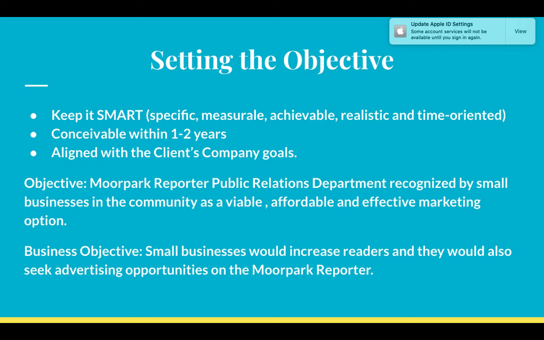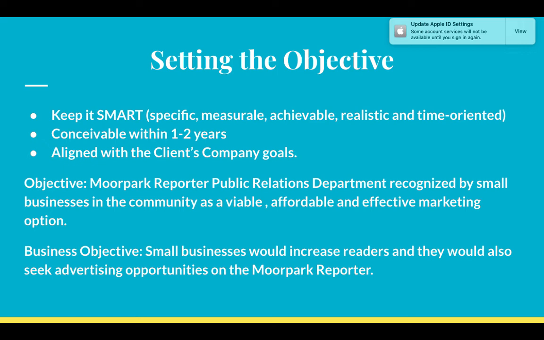So when we look at 1 to 2 years, it's not going to take a week, it's not going to take a month, it's going to take a little bit longer than that ideal time frame. You can have certain goals that'll take a shorter period of time, but the actual objective should be a year-long strategy of assessments that you can measure and that you can really set a goal for your company.